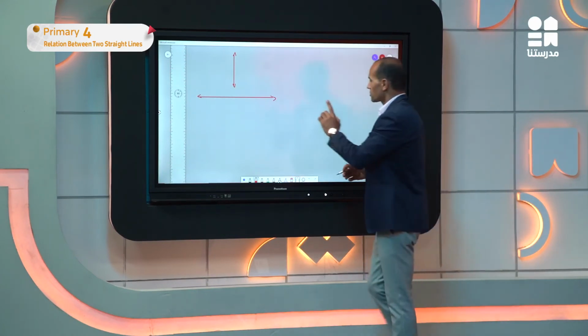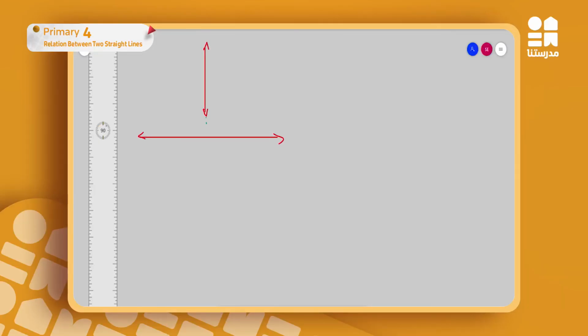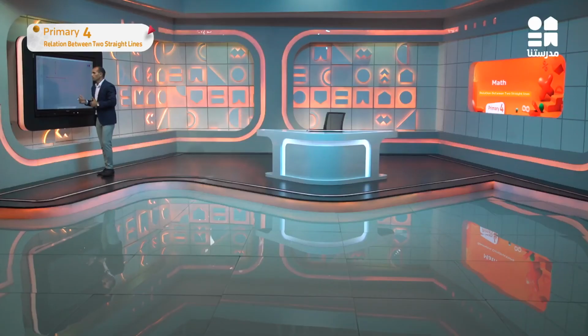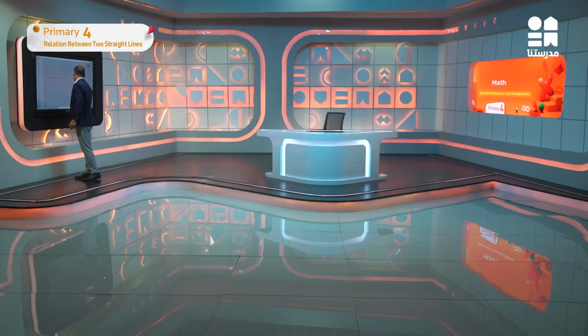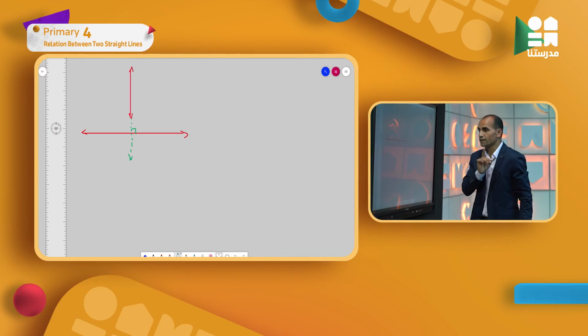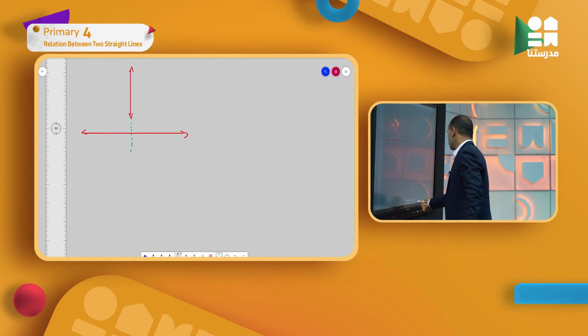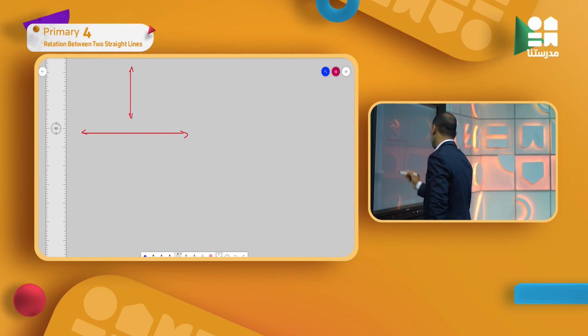Of course, notice that we have two perpendicular straight lines, because this is a straight line and it extends without limit. It has no starting point or end point, as you studied before. So we have here a right angle, then we will get two perpendicular straight lines. Then we can write here perpendicular.